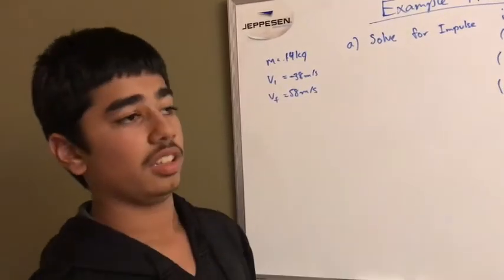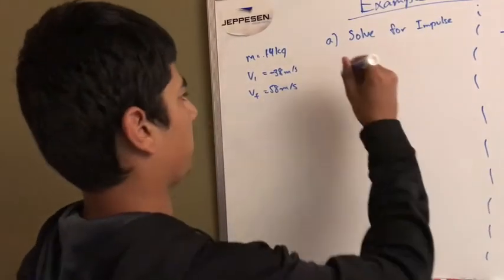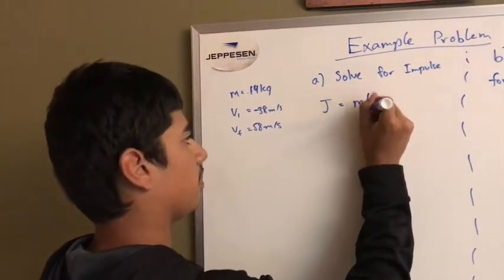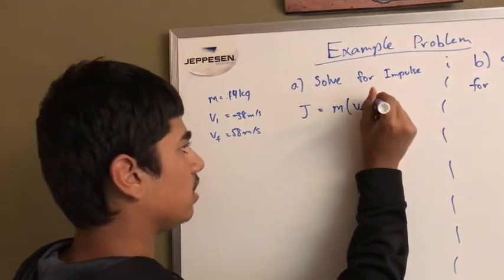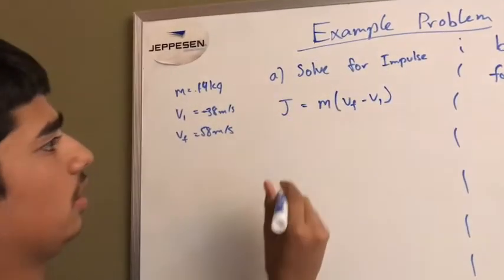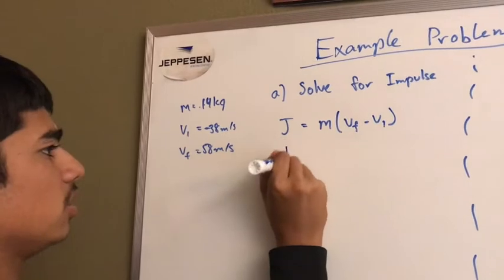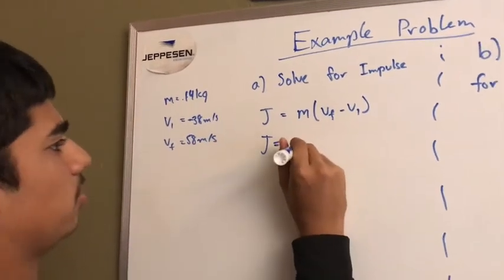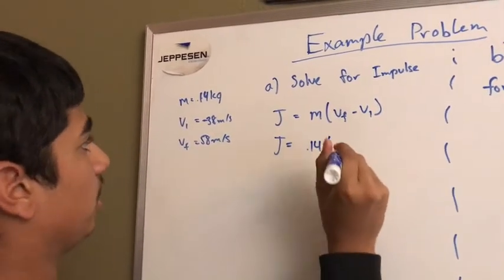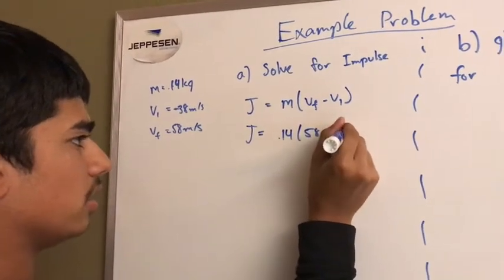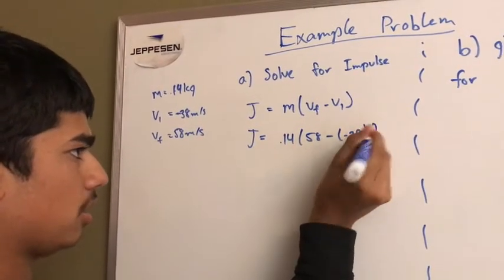So to solve this problem, let's use our impulse-momentum theorem. So that one's J equals m times vf minus vi. From here we can just substitute in for our variables. J equals 0.14 times 58 minus negative 38.